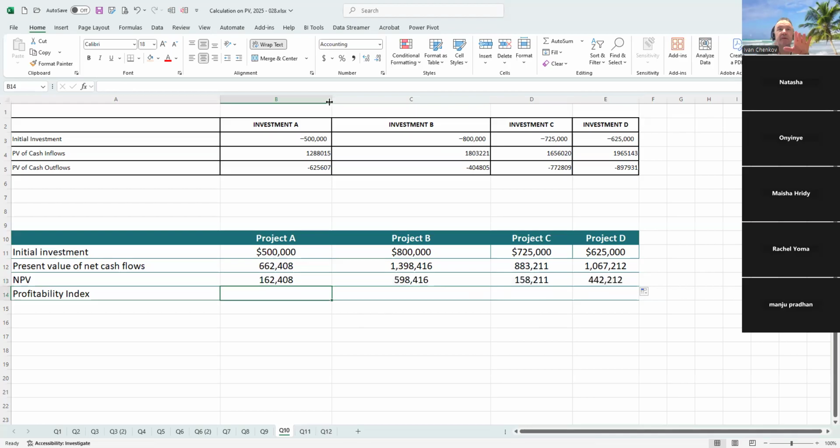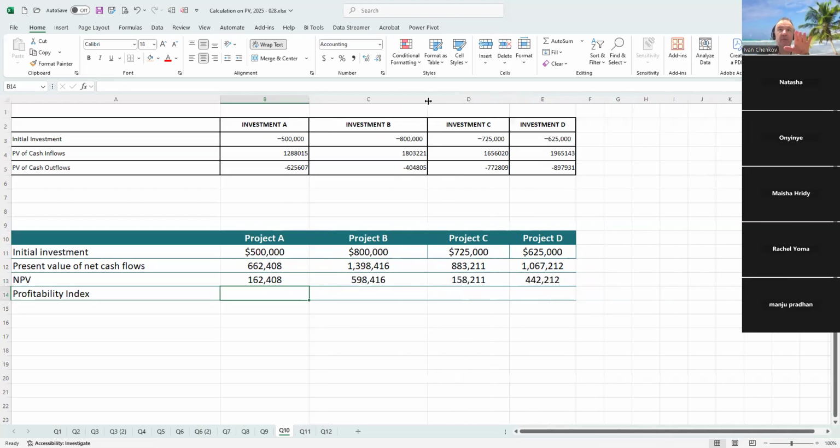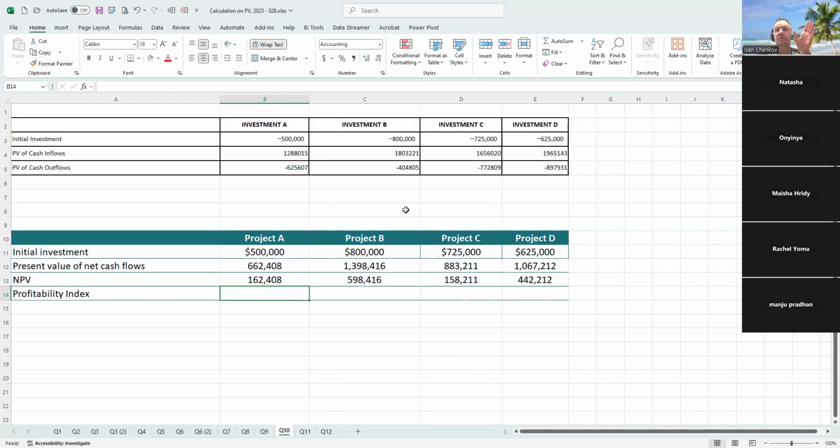So if I don't have a limited resource, and money is my limited resource, I should invest in all three projects, because all the projects are going to give me the return that I want. But which one is more profitable? Now we're getting the present value divided by the initial investment. The first one will give you 132.